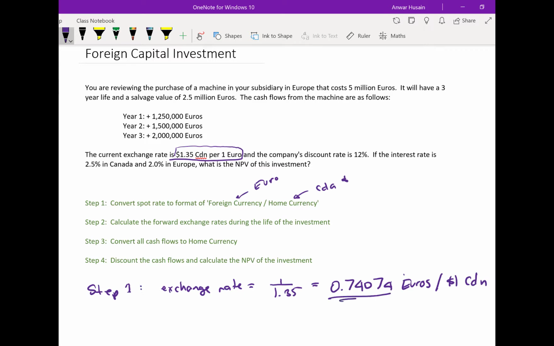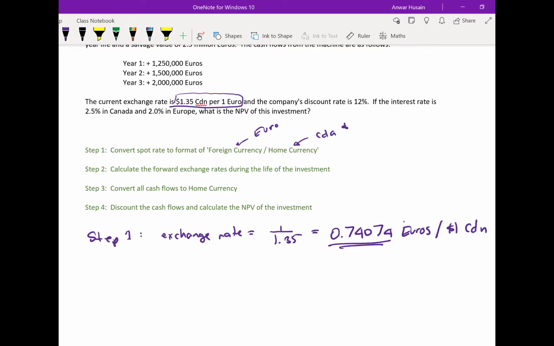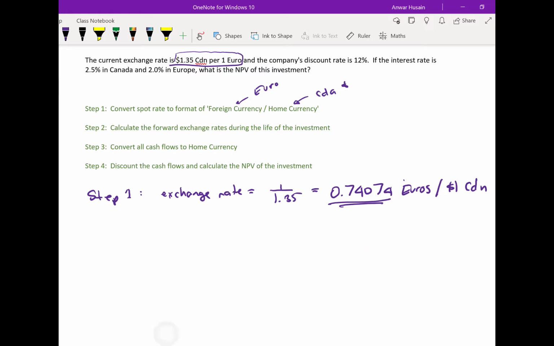Okay, so this is going to be the exchange rate in the correct format. The next part is going to be to calculate the forward exchange rates. Okay, so step 2, in this case, we are going to use the interest rate parity formula.